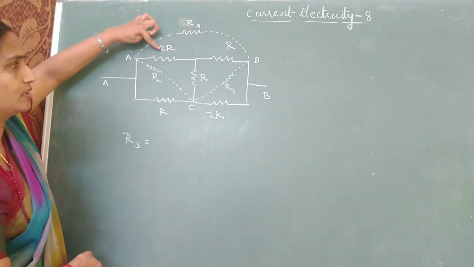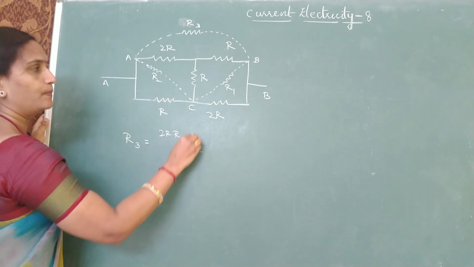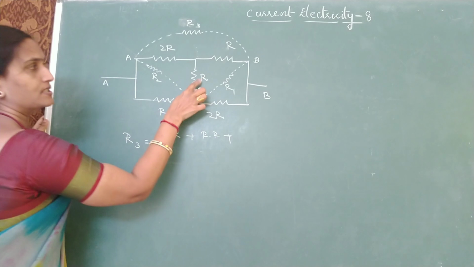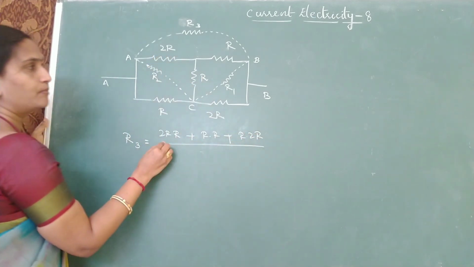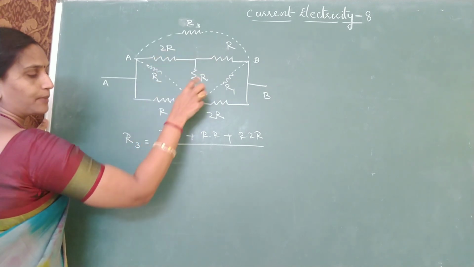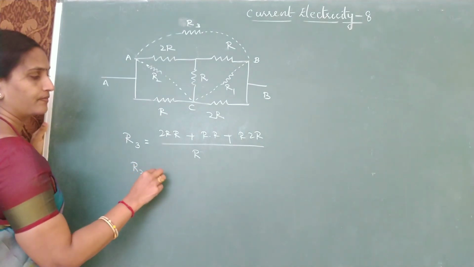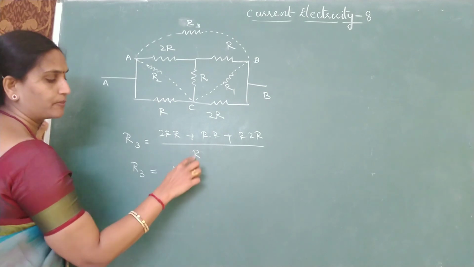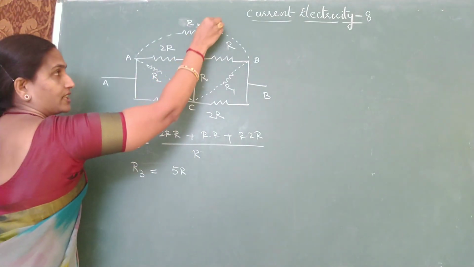Numerator is the sum of products: 2R into R plus R into R plus R into 2R, whole divided by the resistance which is not connected to these two, that is capital R. So what is the value of R3? 2R square plus R square plus 2R square, you will get 5R square by R, nothing but 5R.